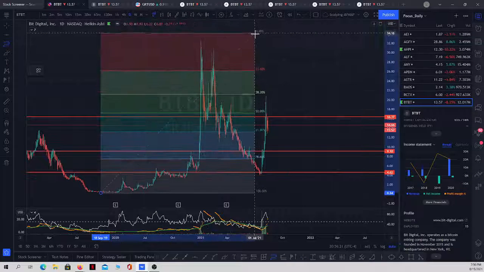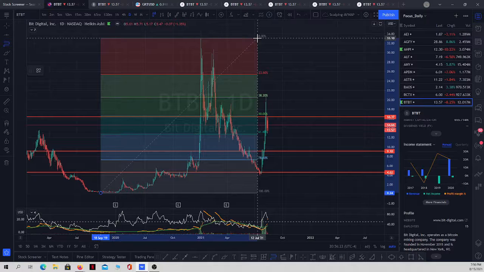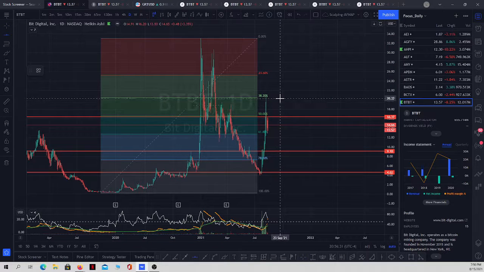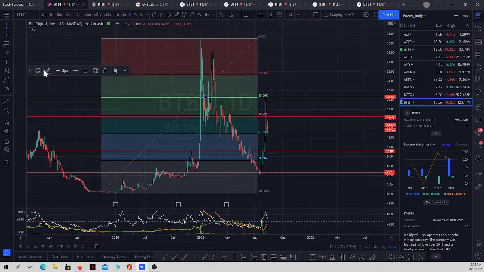And I'm doing this for all stocks that I'm looking after for trading. So we have this line, just put it in a different color. It's already existing at the 50%.